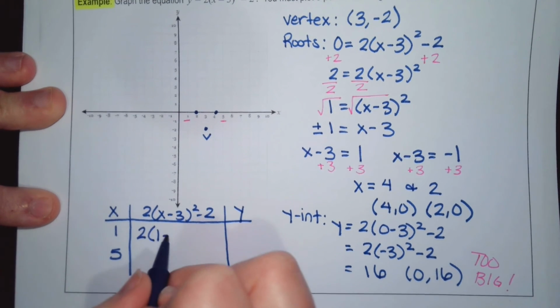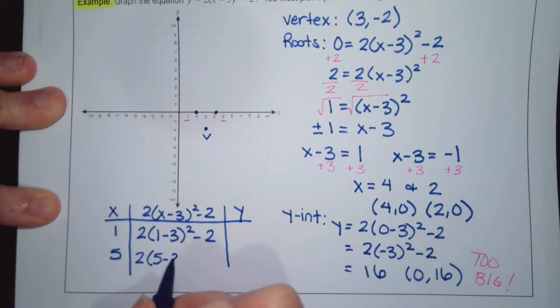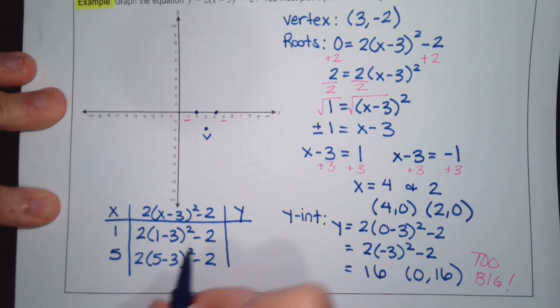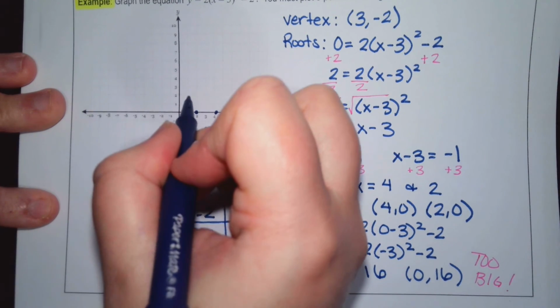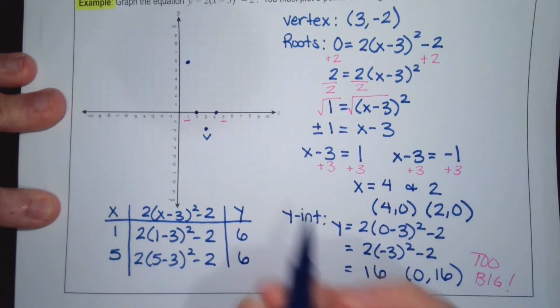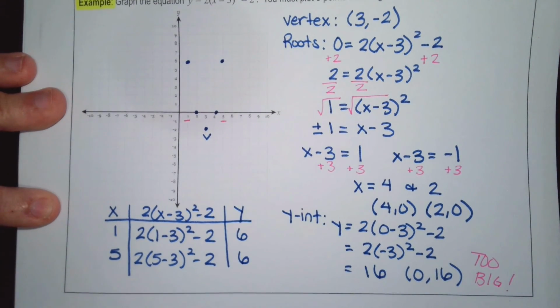So 2 times (1 minus 3) squared minus 2, 2 times (5 minus 3) squared minus 2. And when we plug both of these into our calculator, both end up being 6. So (1, 6), and then (5, 6).